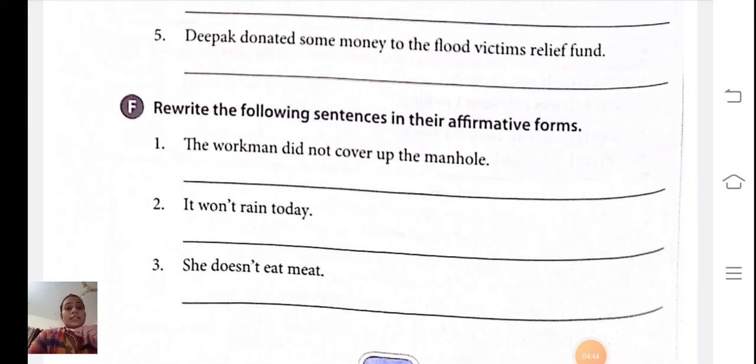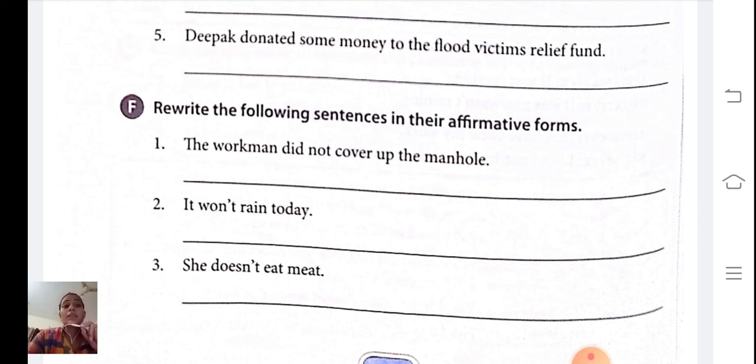Now the next exercise. Rewrite the following sentences in their affirmative forms. So we have a negative sentence here, and we have to convert it into an affirmative, positive sentence. First one. The workmen did not cover up the manhole. So what do we have to do here?